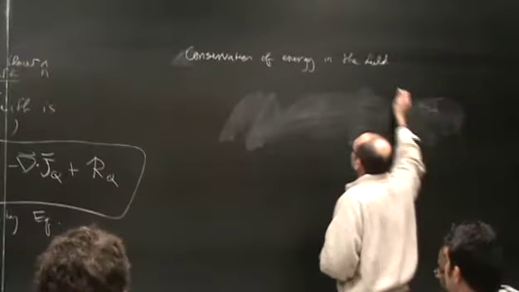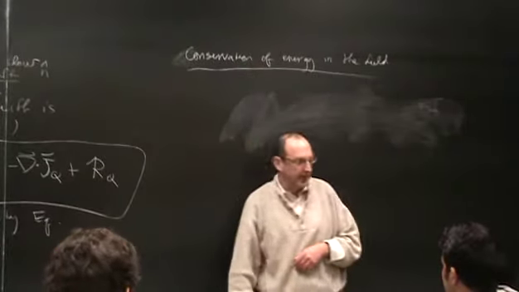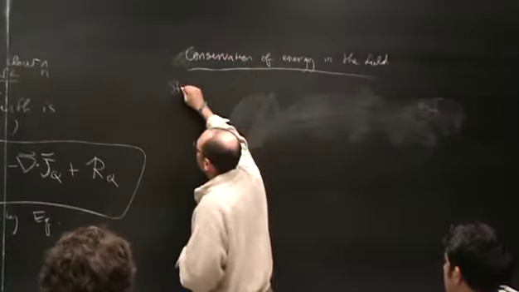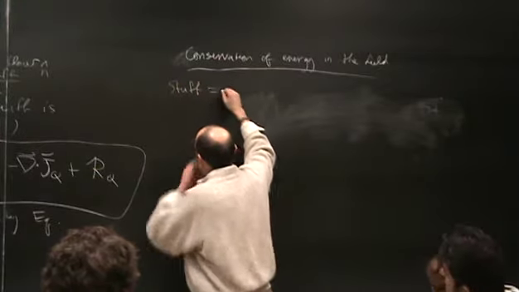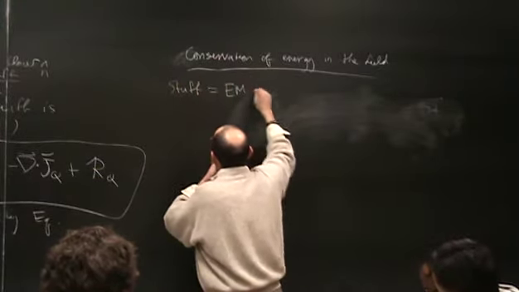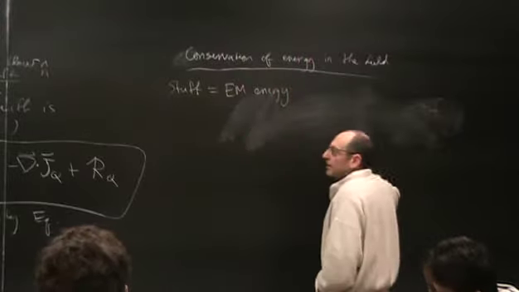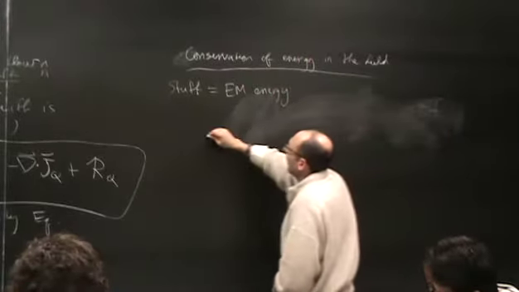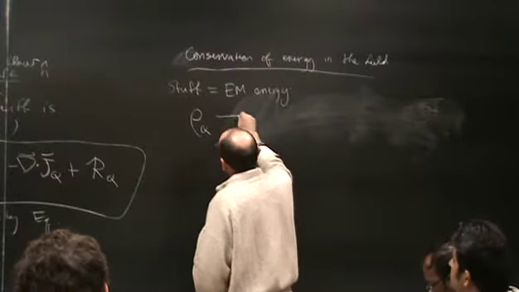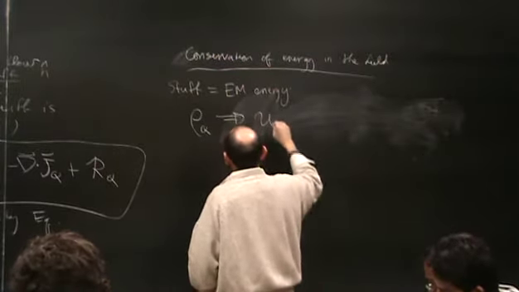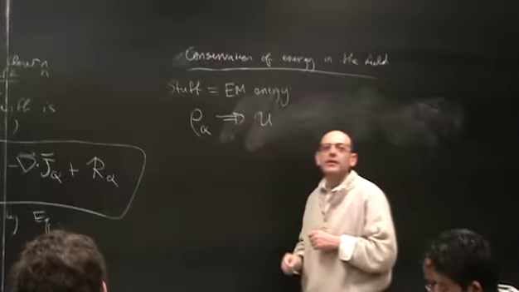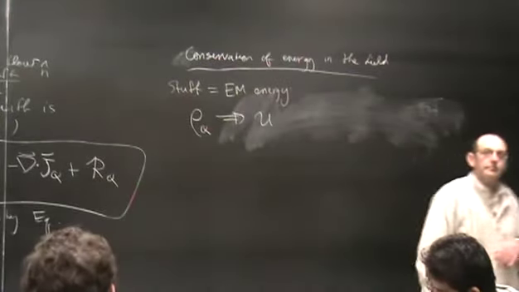Okay, so we're talking about conservation of energy in the field. So stuff equals electromagnetic energy. So the rho sub q goes to the energy density in the field, which we typically call little u.